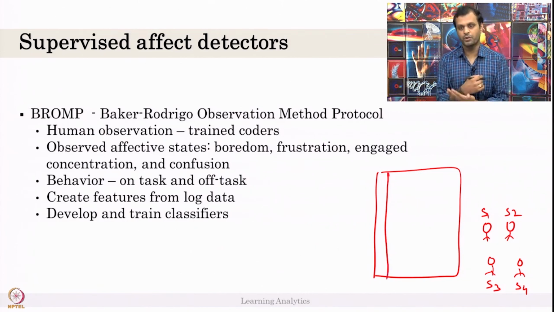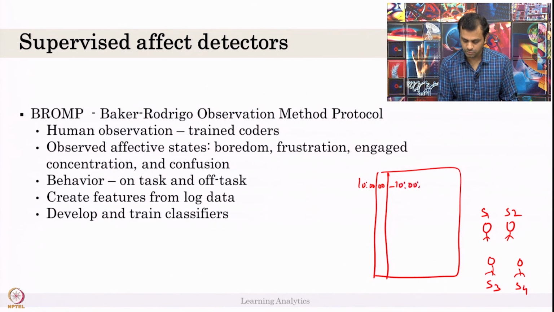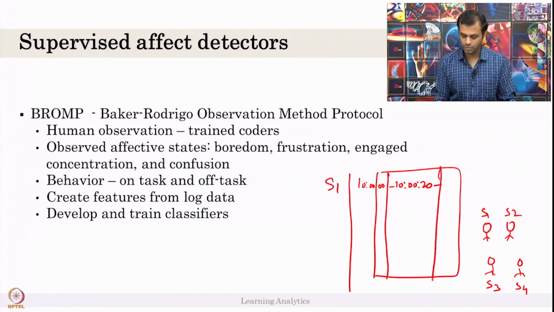First you observe in a round robin method. First you observe student 1 for 20 seconds, say 10:00 to 10:00:20, and you note down the emotion, maybe bored.